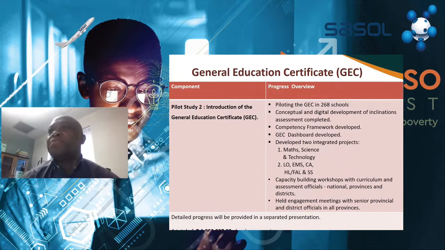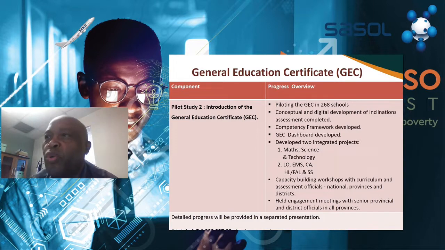We have also developed, and these have been developed into 2 integrated projects, that is maths, science and technology, life orientation, economic and management sciences, creative arts, home languages, first additional languages, as well as social sciences.